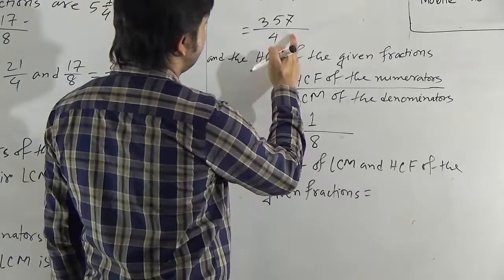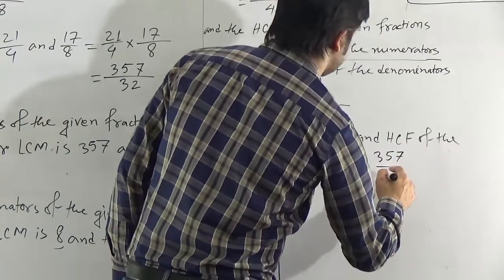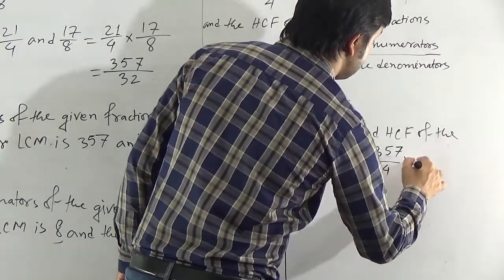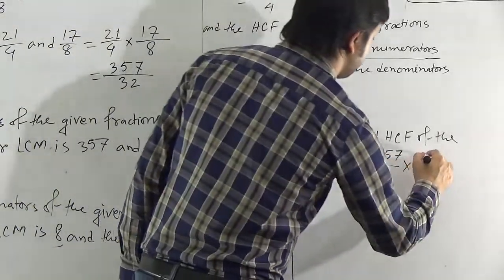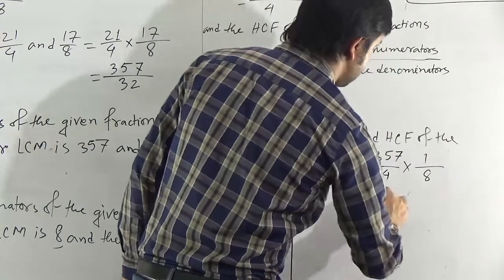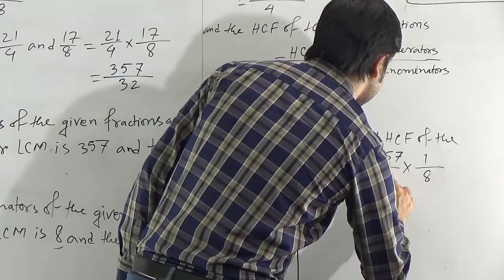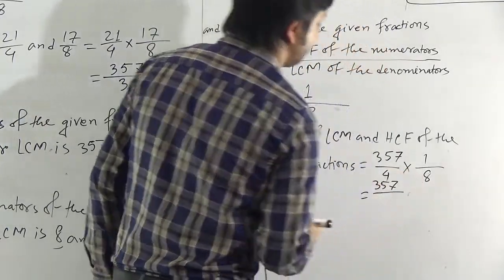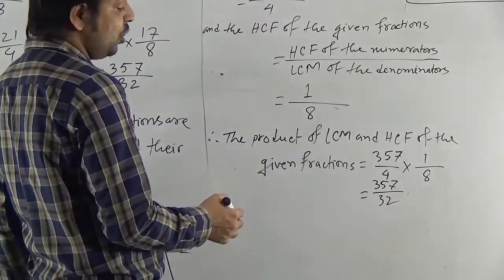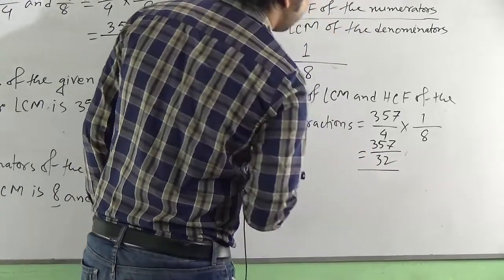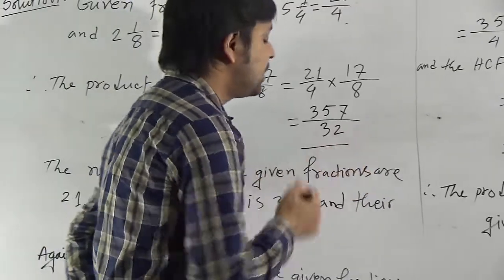Here the LCM is 357 divided by 4 and the HCF of the fractions is 1 by 8. Now multiply these two. If you multiply 357 by 1, you will get 357, and if you multiply 4 and 8, you will get 32. Students, notice that this is our product of LCM and HCF of the given fractions, and this is the product of the two fractions.